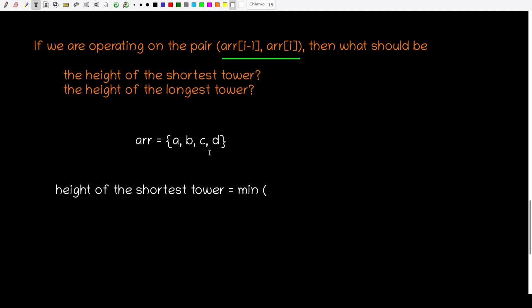Well, the shortest tower we have is the first tower, whose height is given by A. So the minimum of A. Similarly, the height of the longest tower will be given by the max of, in this array, what is the length of the longest tower? Well, the longest tower is given by D. Now, as we know, we need to manipulate the height of the towers. From our step 2 logic, we know that in order to minimize the difference between the height of the towers, the shortest tower height has to be increased by k. So we are going to increase this height by k, and we are going to decrease the height of the tallest tower by k.